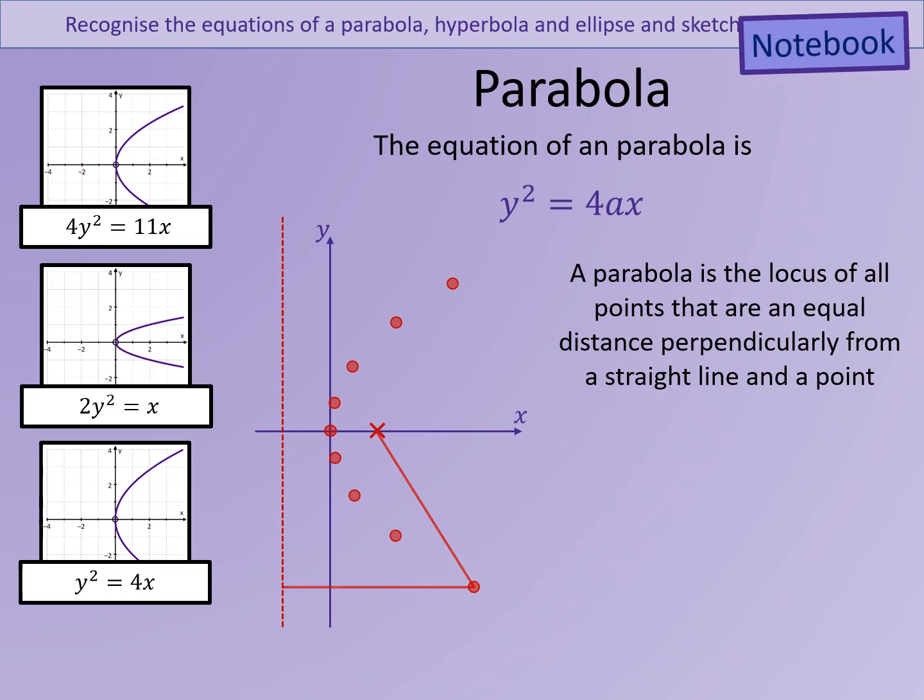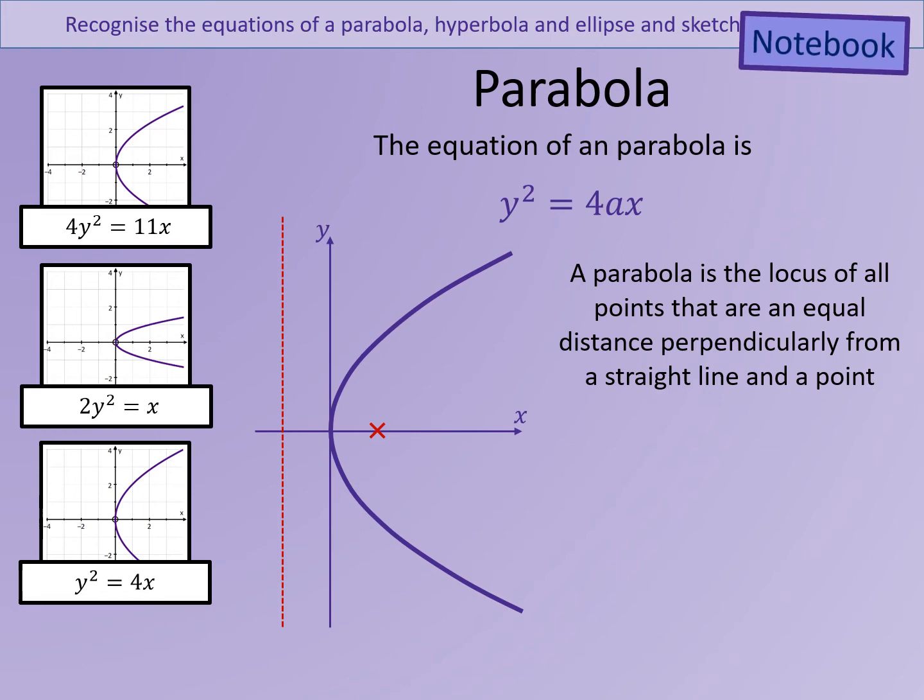And we can see the shape that's formed is a parabola. This is a reflection in the line y equals x of the kind of parabola that we are used to working with. Y equals a multiple of x squared.